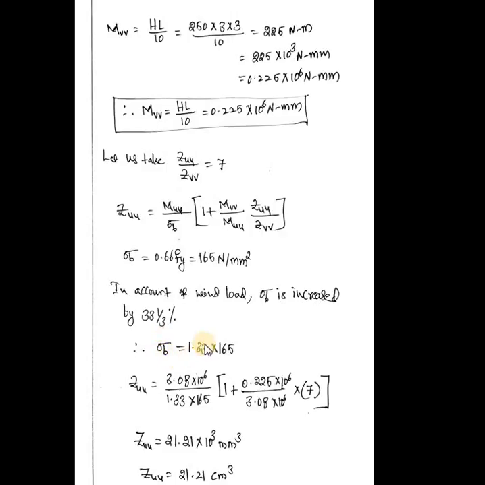After that, ZUU is the requirement. ZUU is equal to MUU value, 3.08 into 10 power 6, by 1.33 into 165, the sigma B value, into 1 plus MVV, 0.225 into 10 power 6, by MUU, 3.08 into 10 power 6, into the ZUU by ZVV value, which we assumed as 7.